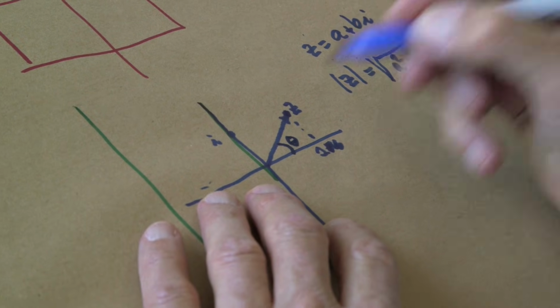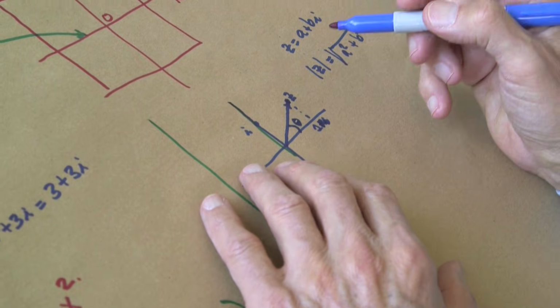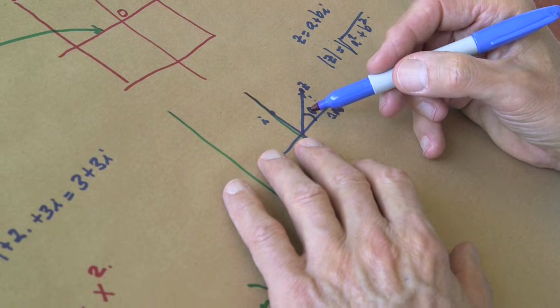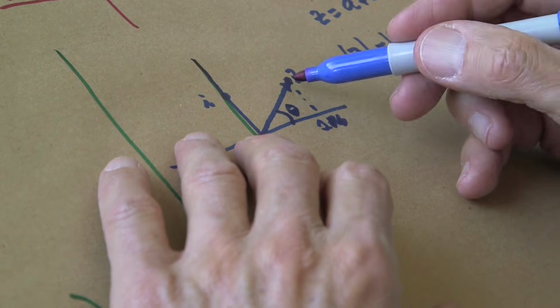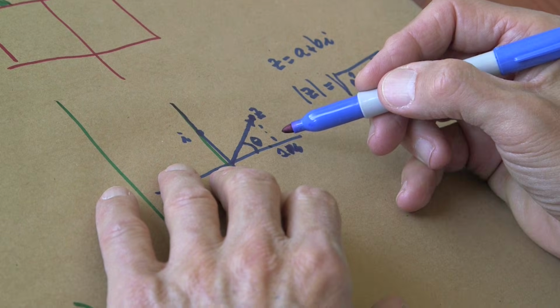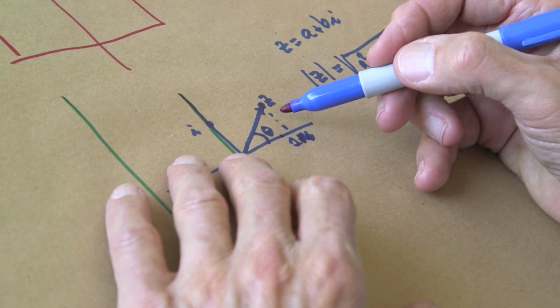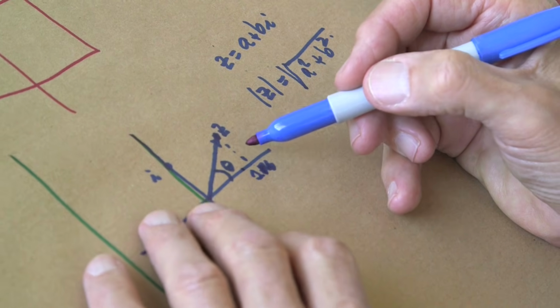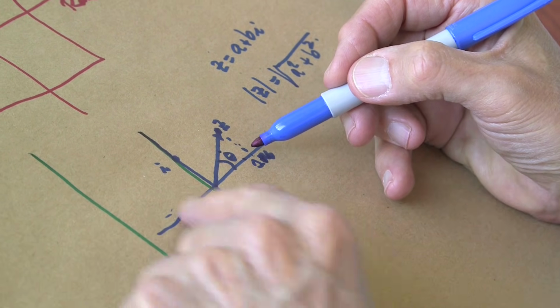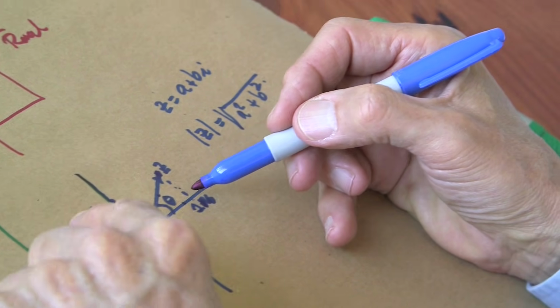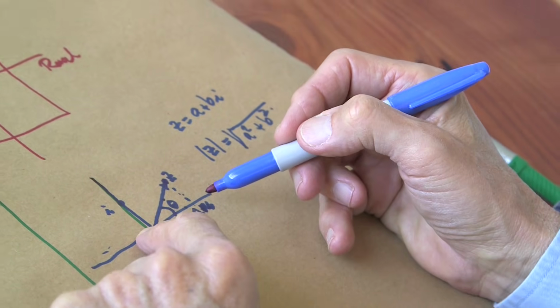Let's call it theta. Let's say we knew that the magnitude was 1. Then we could compute the sine of theta and the cosine of theta. If this were of length 1, then the sine, which is the opposite side over the hypotenuse, would just be the imaginary part. And the real part would be the cosine of the angle.